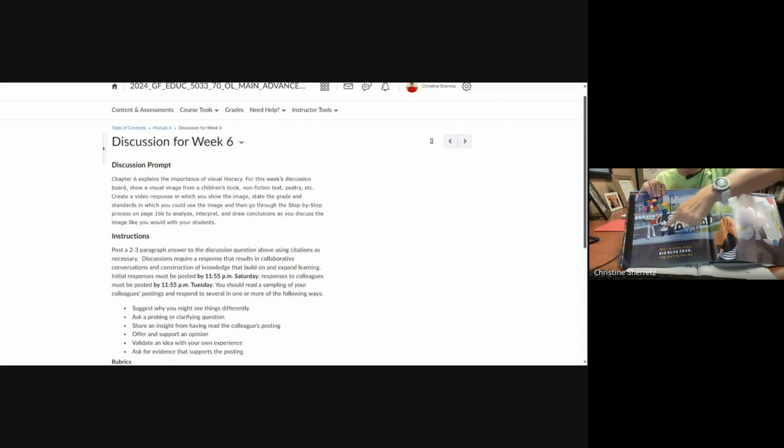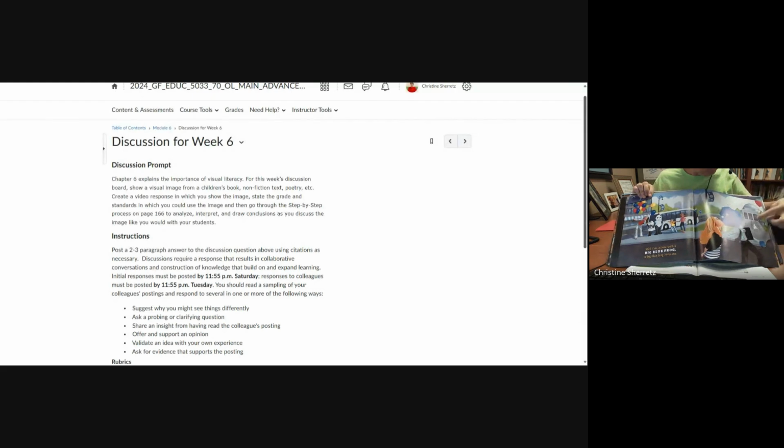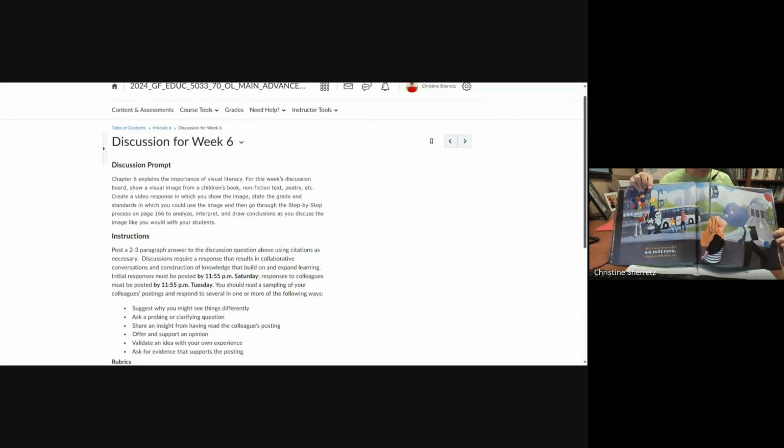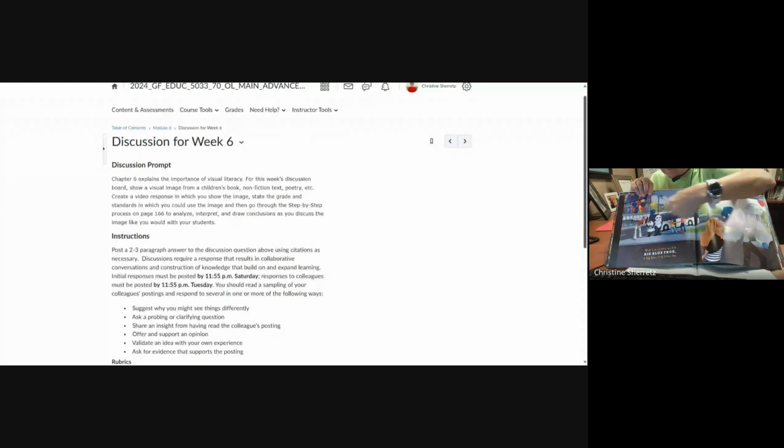We see the 2 pandas, and if you look at their expression, they do not look too happy, do they? Another little thing I can see here is that it has Dr. Frog, PhD. So with this, it's important that we look at, of course, this is a big visual space, but we also know that this actually says a little bit too, doesn't it? Kind of the not so nice look on the panda.